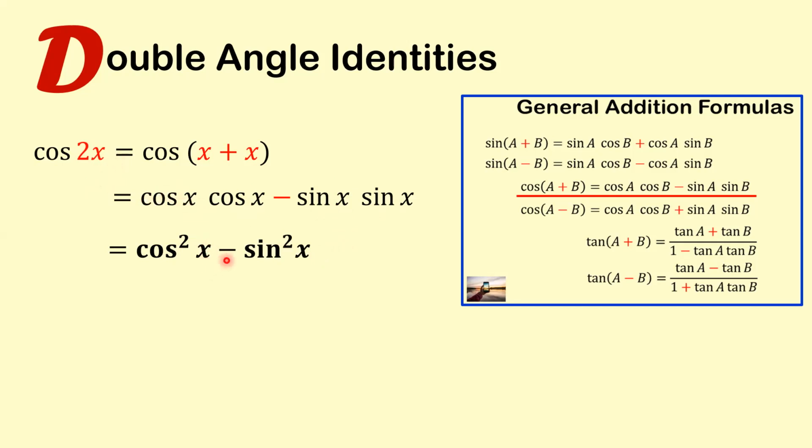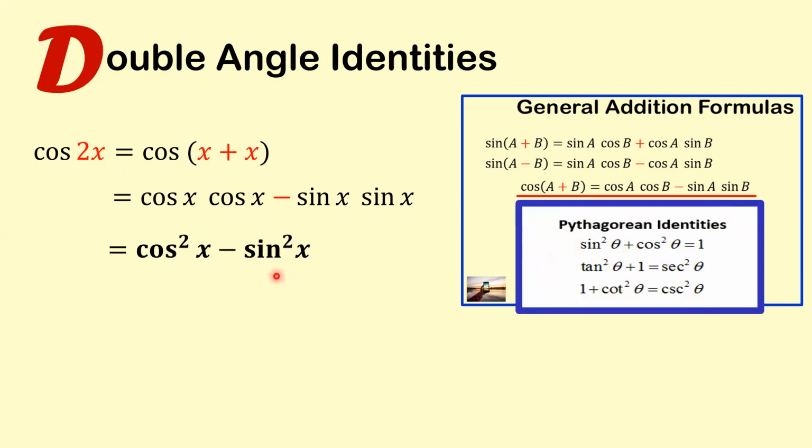Pero wait, there's more. We can write this in other forms. May other version to na pwede nating magamit in the future. Notice that we can make use of the Pythagorean identity. Kunwari gagamit tayo nito. Okay? Instead of theta, we just have x here. So we can express actually the cosine squared in terms of sine squared, di ba? By moving this to the other side, we can express this as 1 minus sine squared.